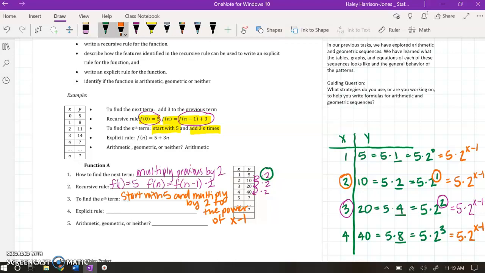This description helps us write our explicit rule. F of n is equal to 5 times 2 to the power of x minus 1. Since I'm multiplying each previous output by 2, I have a constant ratio, which makes this a geometric sequence.